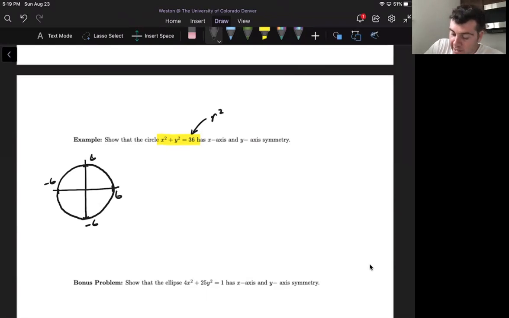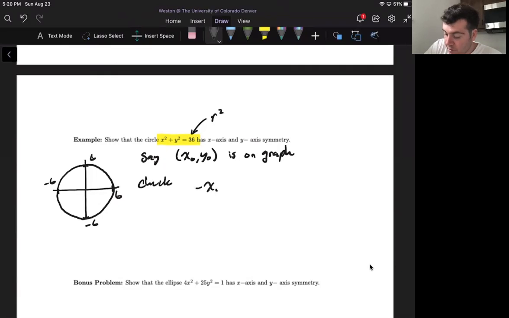So first we say x naught, y naught is on the graph. And then check negative x naught, y naught.